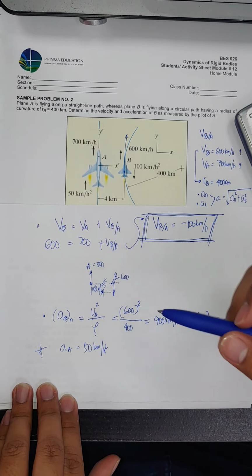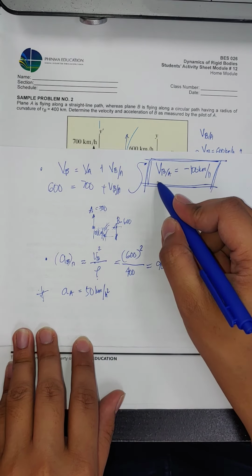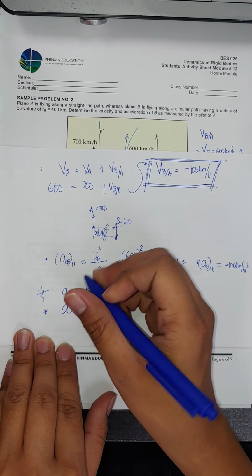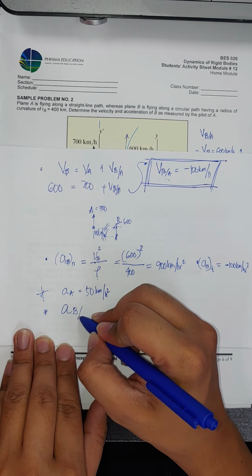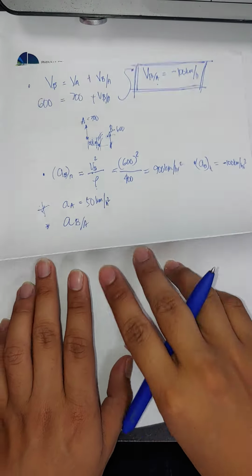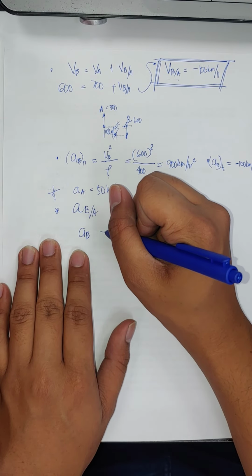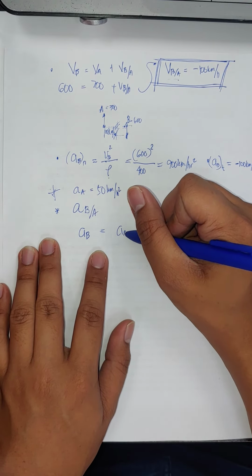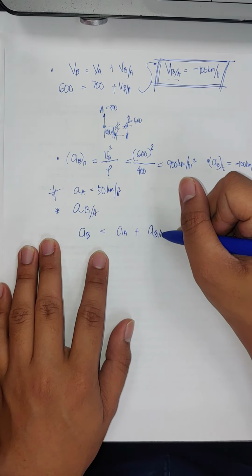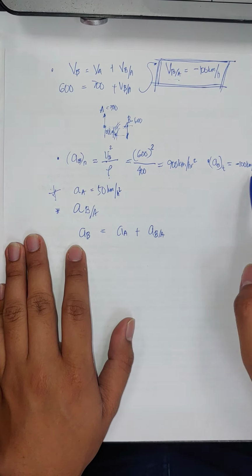Here we have negative. Okay, so we have the velocity of B with respect to A. So atong pangitaw na po si acceleration of plane B with respect to A or as measured by the pilot A or relative to A. So natay acceleration of B is equal to acceleration of the plane A plus acceleration of plane B relative to A. So ang B na to, so naman tayo normal and tangential.